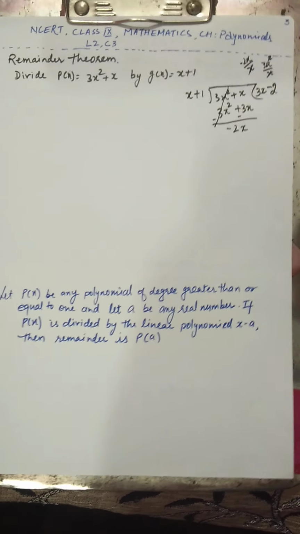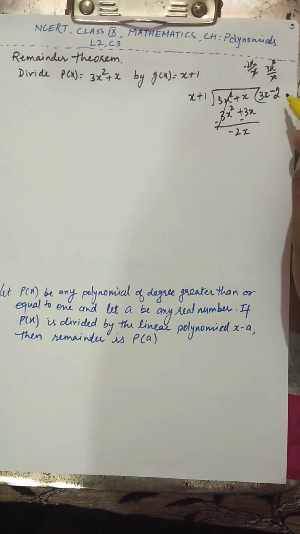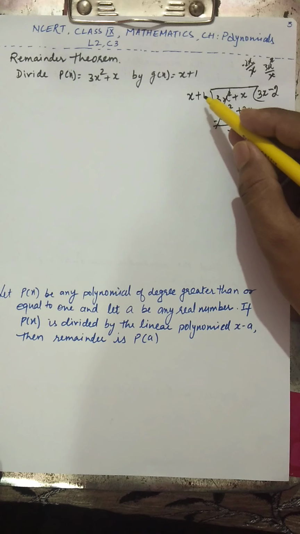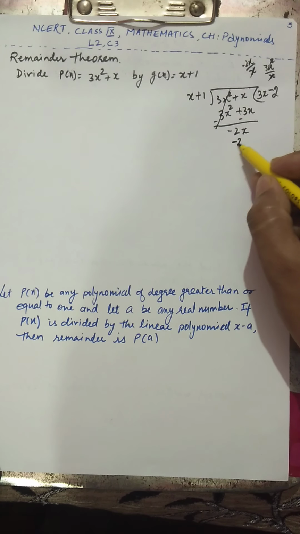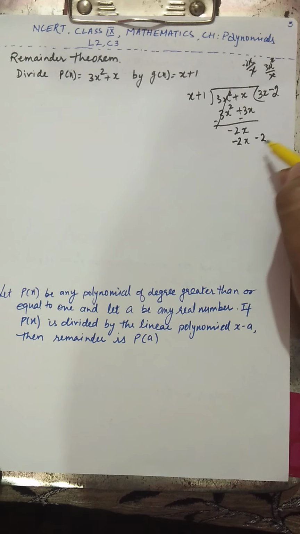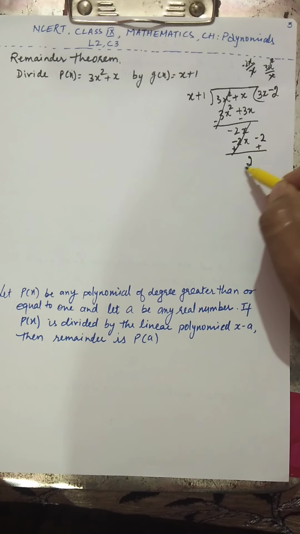Now multiply this -2 by these two terms. So -2 multiplied by x becomes -2x, and -2 multiplied by 1 becomes -2 again. So you can see this becomes plus and this becomes plus. The first term got cancelled and this is now 2.